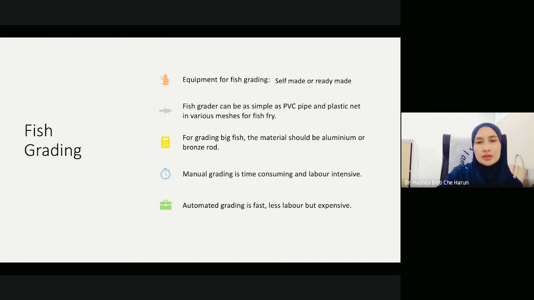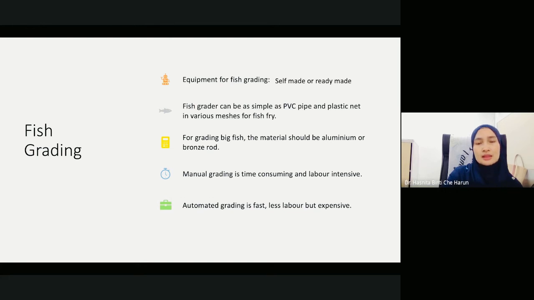For grading, you require equipment, whether you self-make or you just purchase the ready-made tools. So you could use a grader as simple as the PVC pipe, and you could also use plastic net in various mesh size.